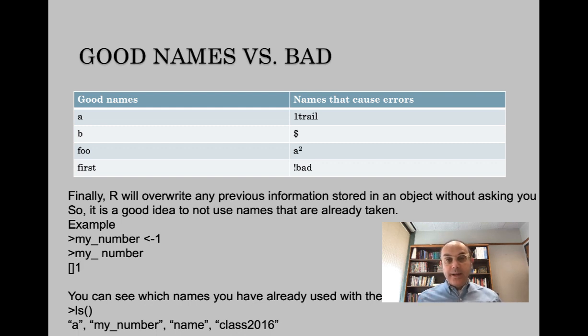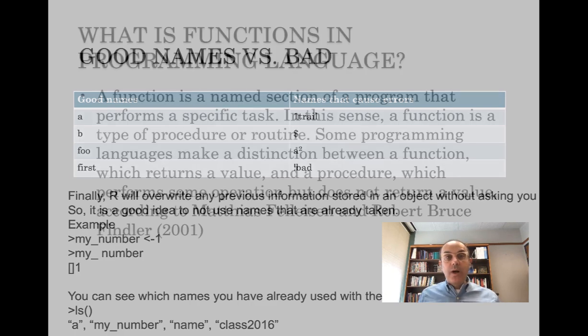Choose names that do not cause errors or misunderstanding, especially when your code is shared not only with your professor but with your peers in the class. It's important to have a good name so everyone will understand it.